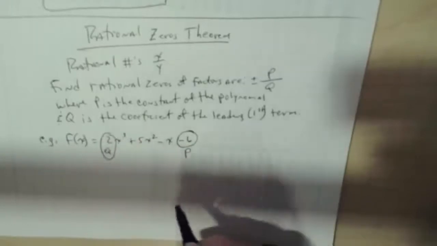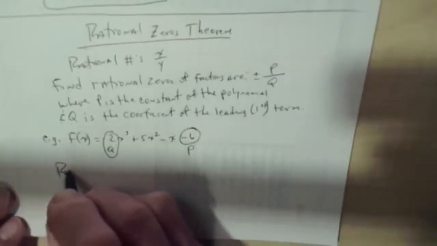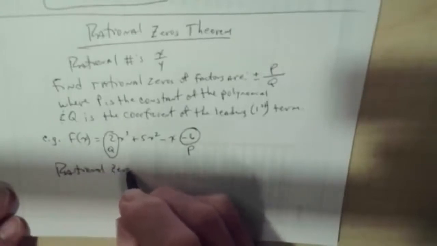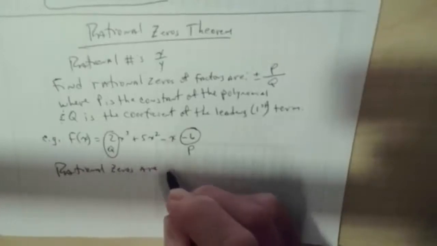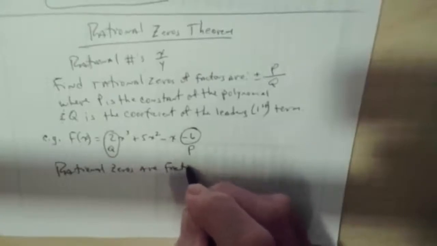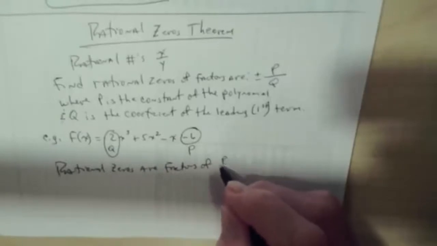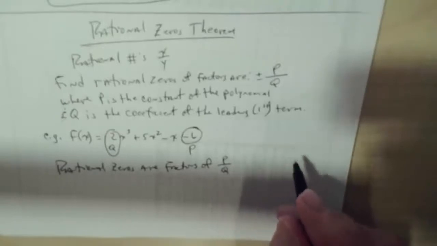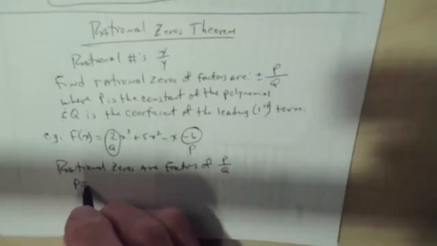So in this particular example, our rational zeros are factors of P over Q. Okay? So P is 6 or negative 6.